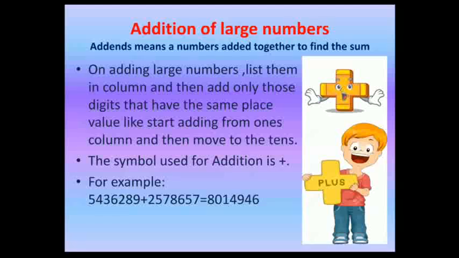So these two numbers, 54,36,289 and 25,78,657, are known as addends, and the result of the addition, that is 80,14,946, is known as the sum.